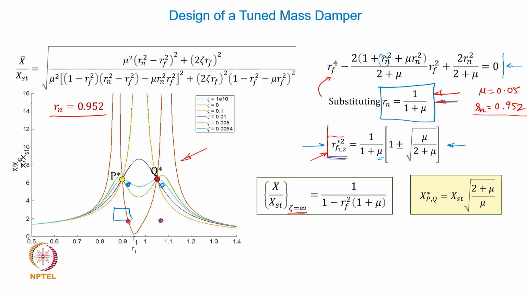That means the amplitude at point P and Q will be identical, as you notice here, and the expression for the force frequencies xp star, sorry, RF P star and RF Q star, they will be obtained using this particular expression.